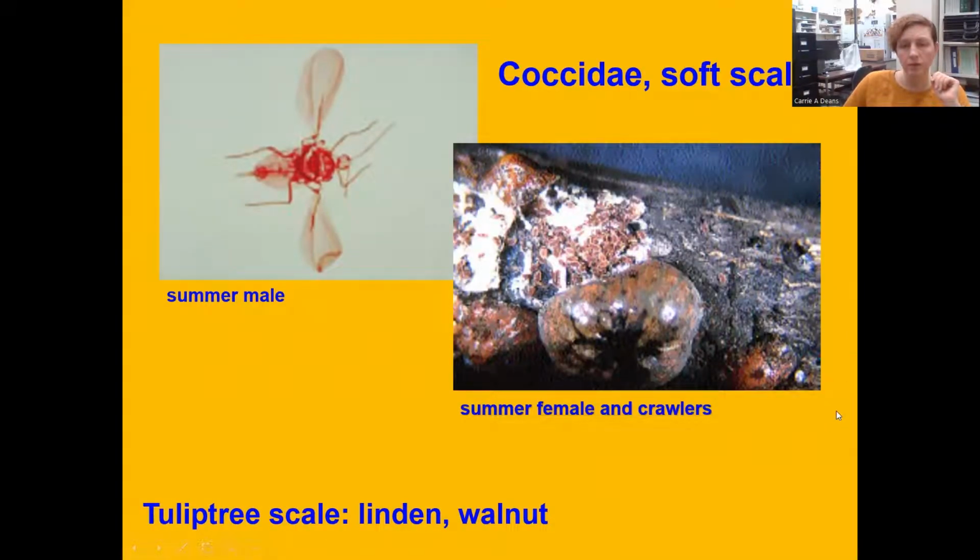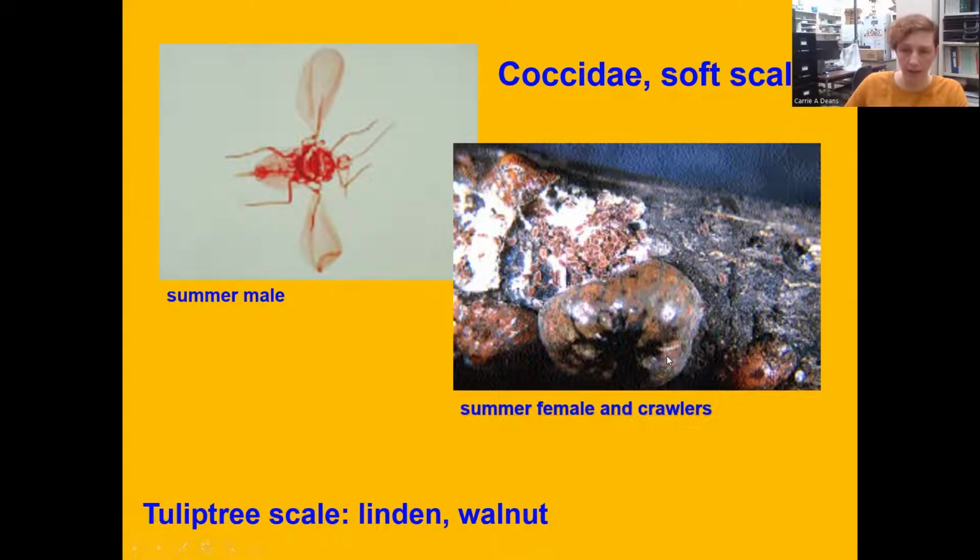So this shows a picture of the tulip tree scale, which is a type of soft scale. The interesting thing with scales is that there's a large difference in size between the sexes. You can see here the females, which are much bigger. These are really the insects you're going to see on the trees when you are looking for infestation.